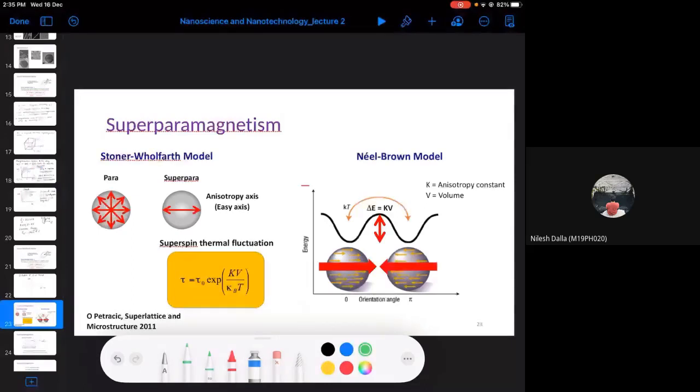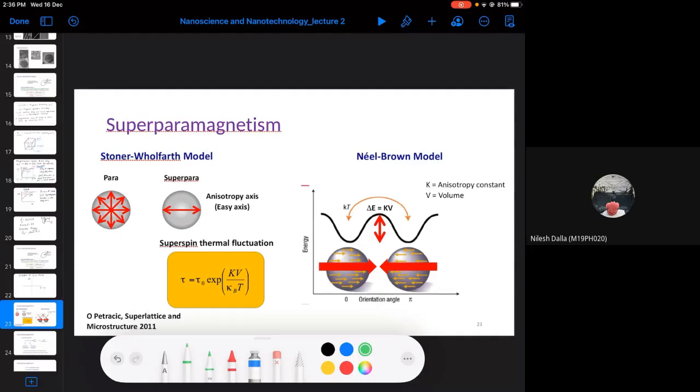There are two possibilities here. When people talk about these fluctuations, one is that all the tiny magnetic spins inside your nanoparticle rotate coherently. At exactly a certain time, suddenly all will flip.